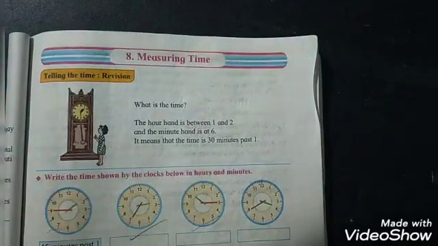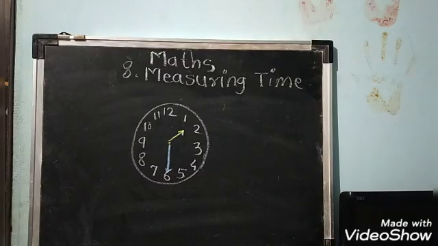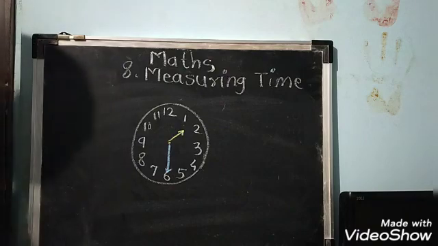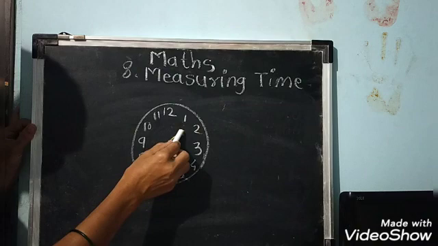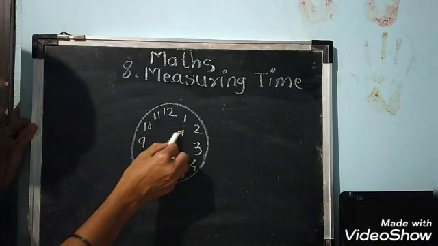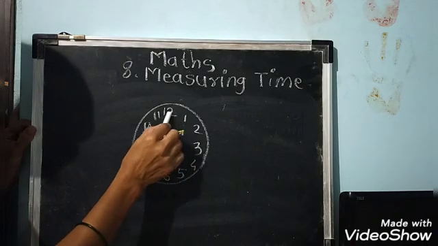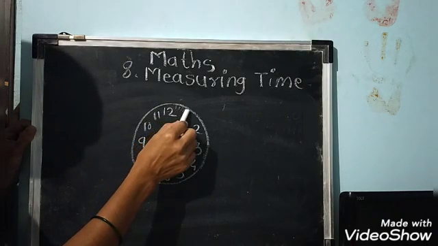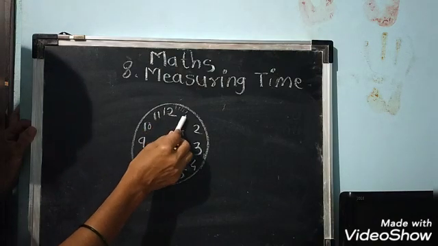It means, see, I will explain this on blackboard. See here how we can tell the time. Hour hand is the shorter and thick hand, and this is the minute hand. In these two numbers there are small 5 lines. It shows 5 minutes.